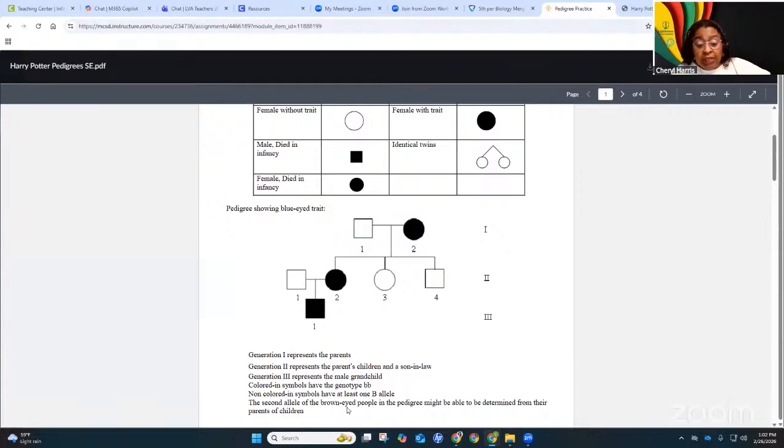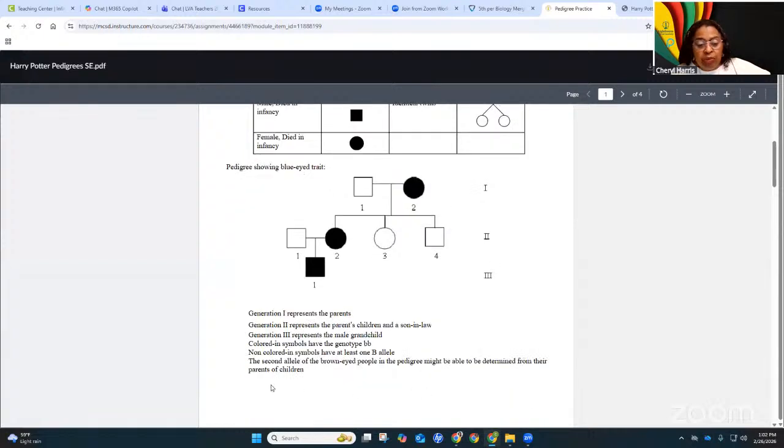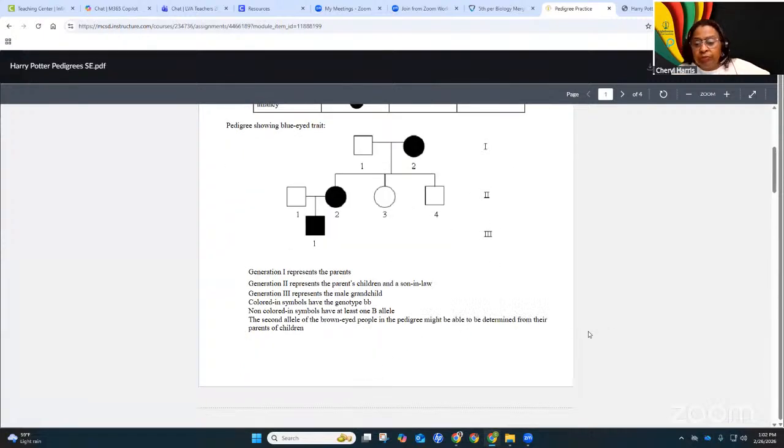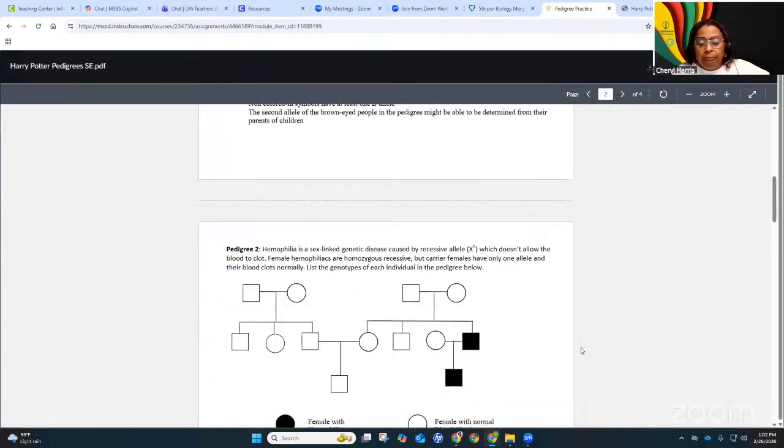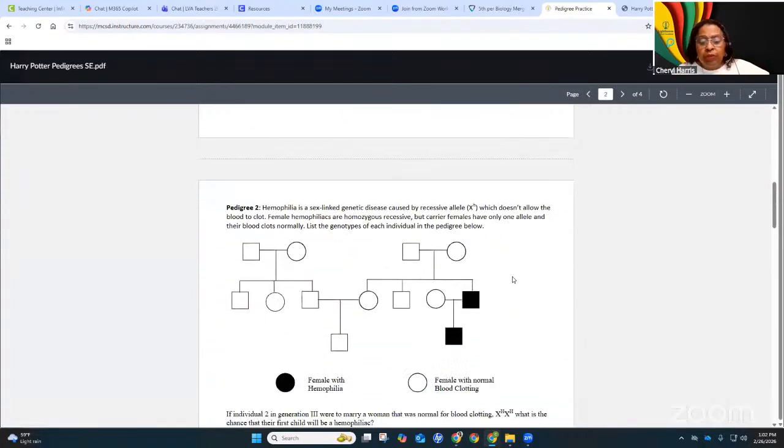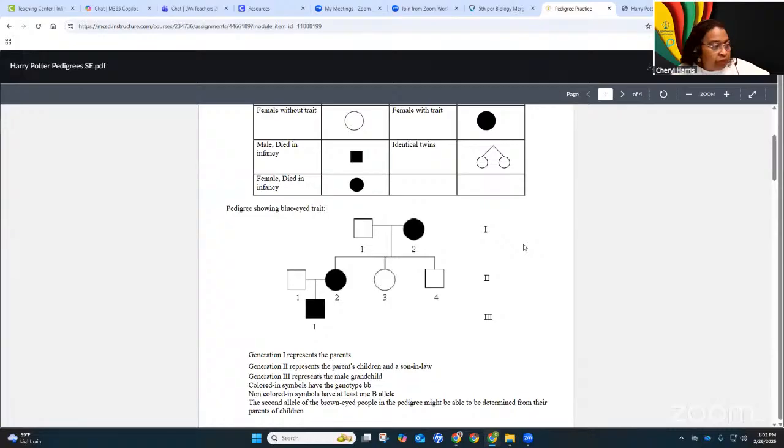The second allele for brown eyes might be able to be determined by the parents of the children. That's the first one. You didn't have to do anything with this, it was just giving you information.